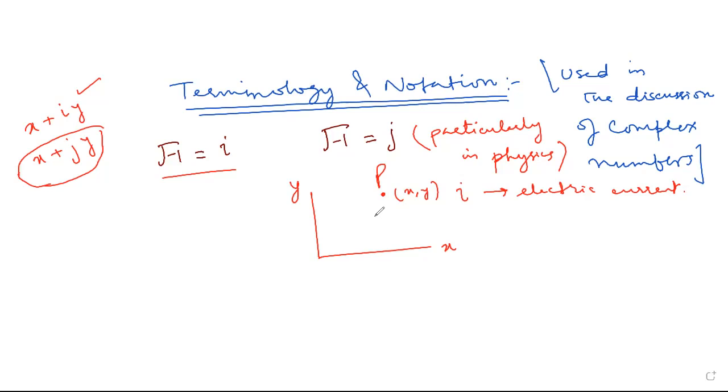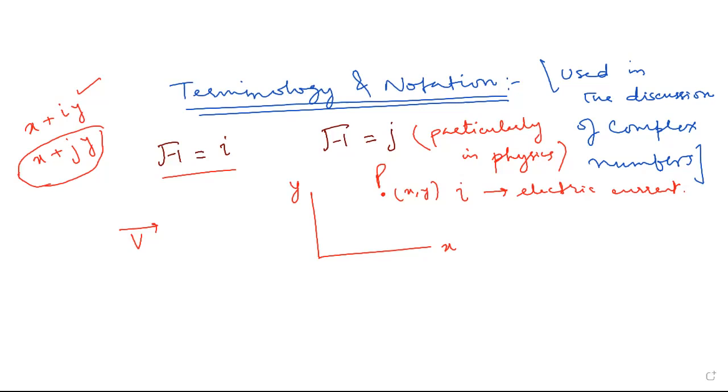And you know, when we discuss vectors, we represent vector also by a single letter, say V. If it exists in 2 dimensions, it has 2 components, but still we represent a vector by a single letter, say V, right?